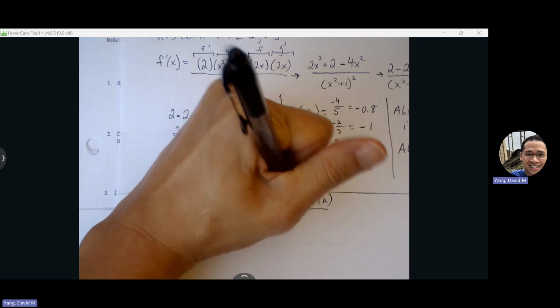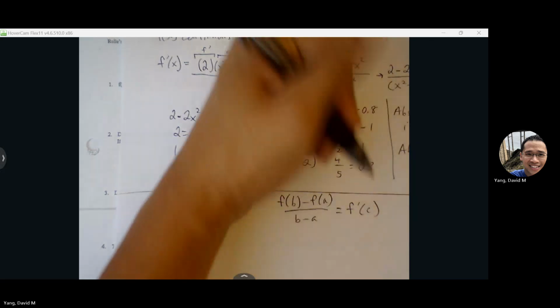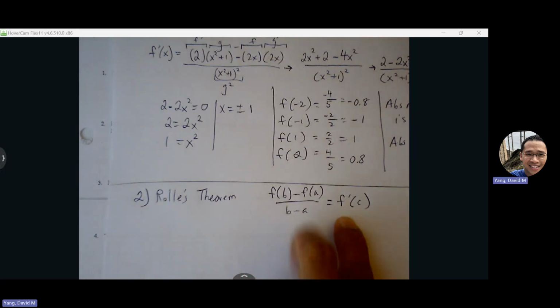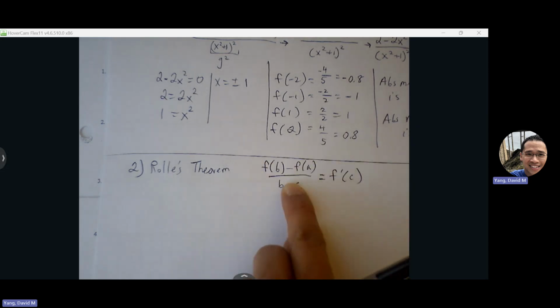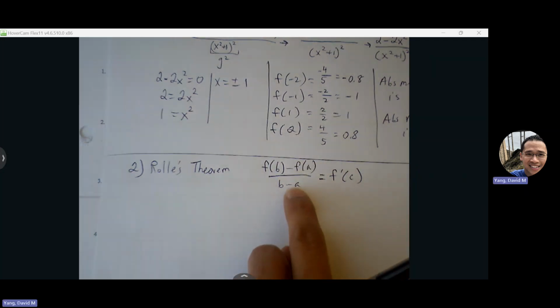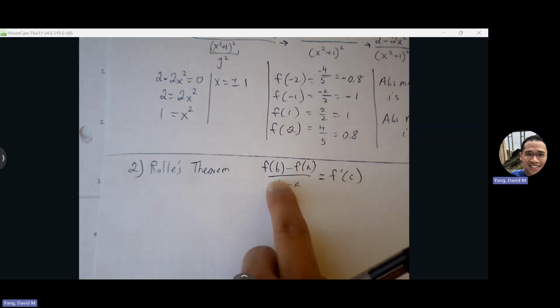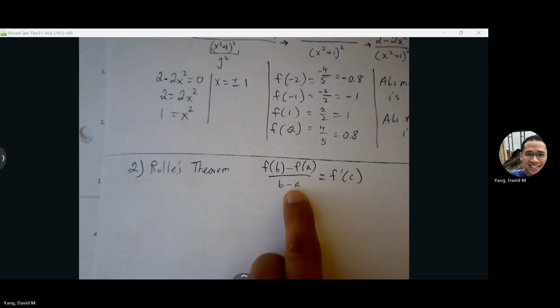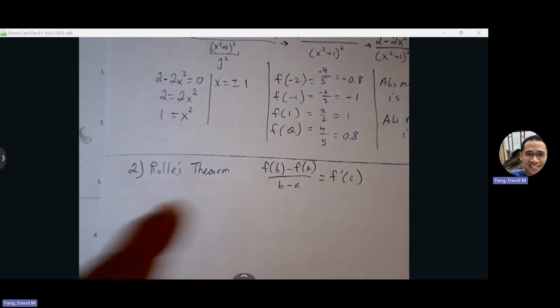It's where our average rate of change is matched with the instantaneous rate of change, and we're trying to figure out where on the curve the graph is experiencing this average rate of change. The difference between Rolle's theorem and mean value theorem is that the average rate of change here has to end up giving us a slope of 0. But mean value theorem can be slope 0, can be slope 1, can be slope 3. It'll be any real number. But we just have to find the ordered pair still and confirm that the slope is ending up giving us 0.